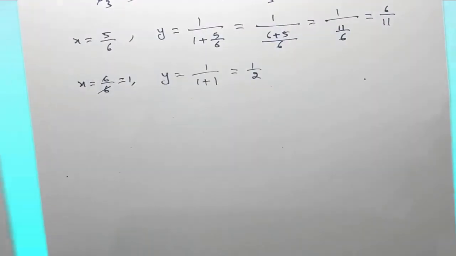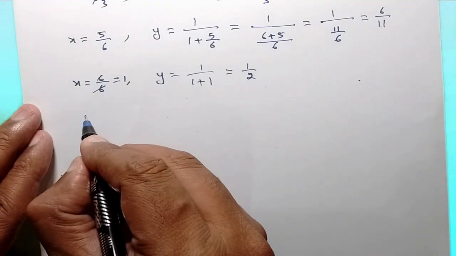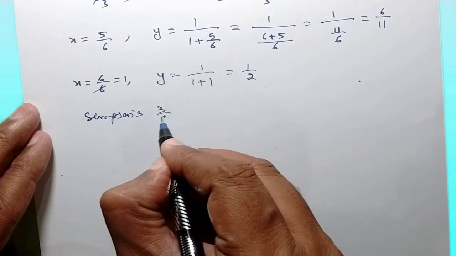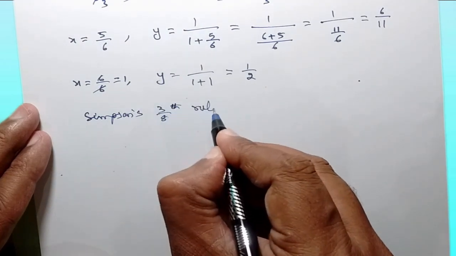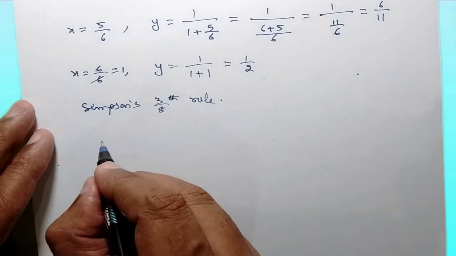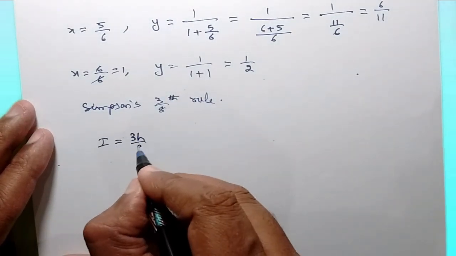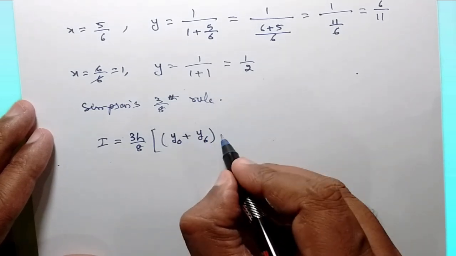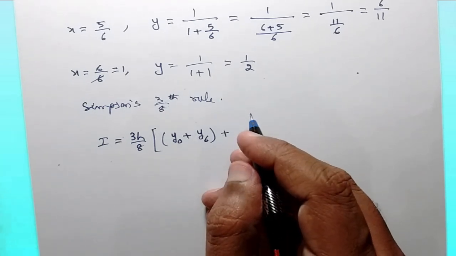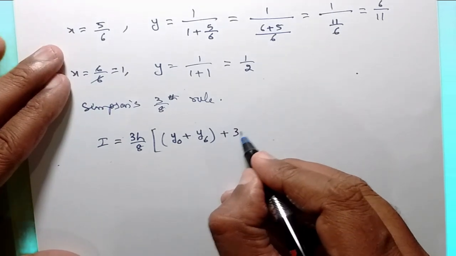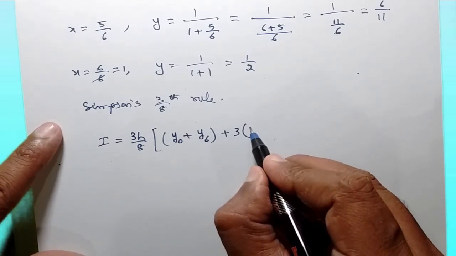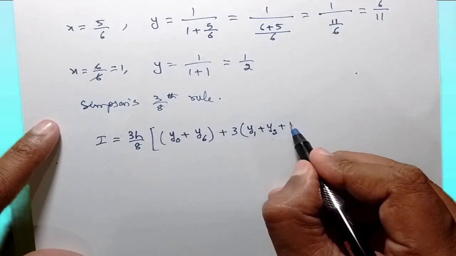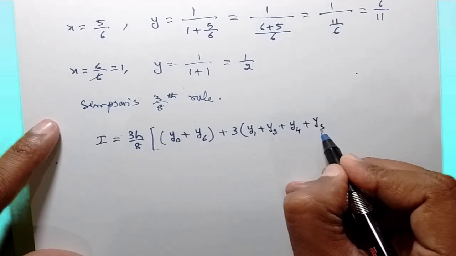Alright, so let us try to plug this into Simpson's 3/8 rule. So I will be equal to 3h by 8 times of, as I told you, initial and final value y0 plus y6 plus, you have to write 3 times of, when you are writing y values it should be a non-multiple of 3: y1 plus y2, y3 you are not going to write, you are writing y4 and y5.